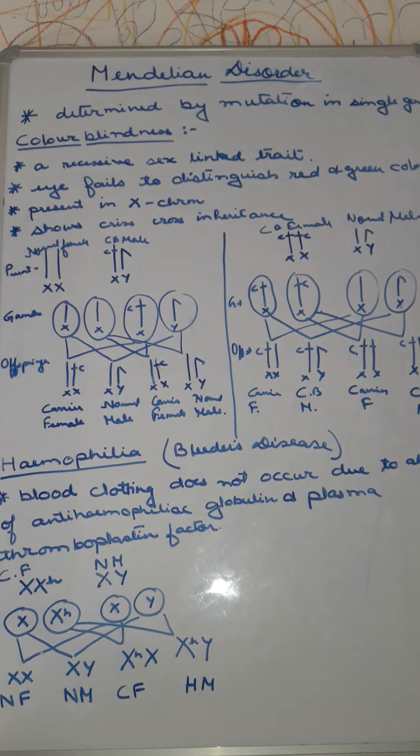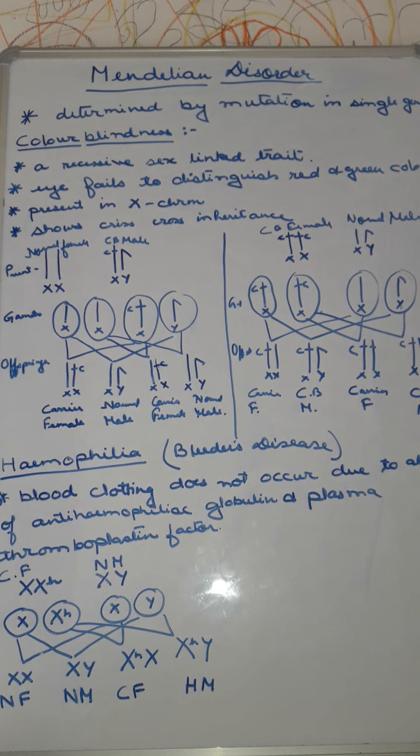So the small c gene responsible for causing color blindness has to be present in both X chromosomes in the case of females, but in males, if it is present in one chromosome, it will show its effect. That's why males mostly show this type of disease.